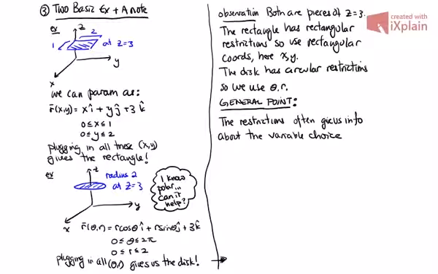The restrictions often give us information about the variable choice more than the thing we're taking a piece of. That's just something to keep in mind.